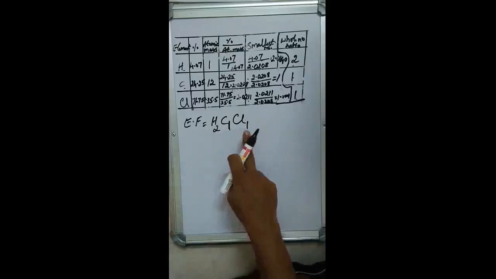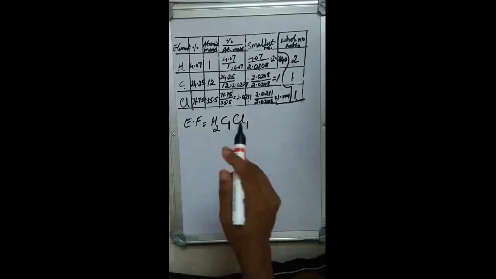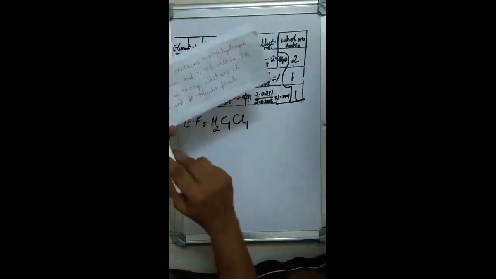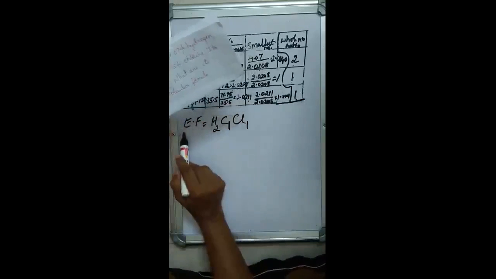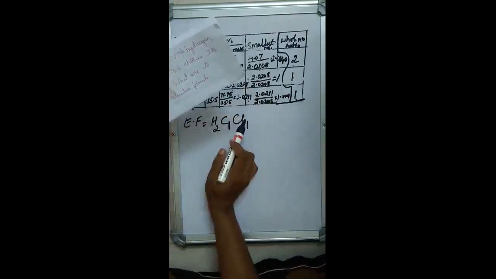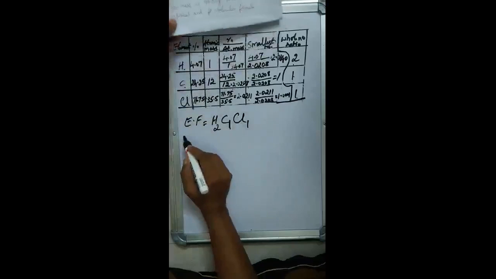Now, how to find the molecular formula? What is the question asked? The question asks, what are its empirical and molecular formula? Now, the empirical formula is finished. Calculating the empirical formula is finished. Now I am going to calculate the molecular formula.